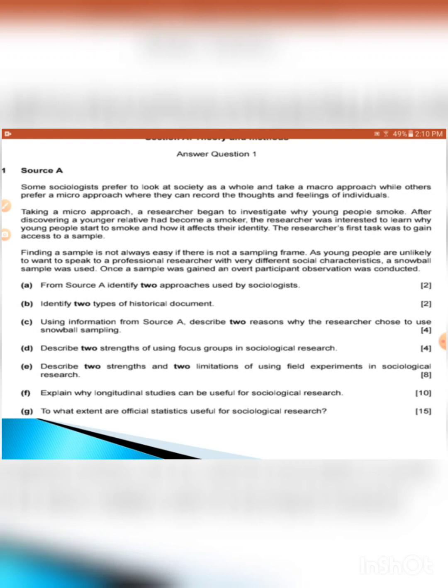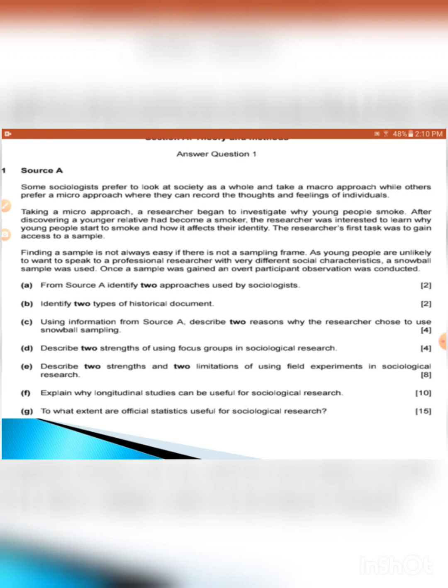Okay, now moving on to the third para. Finding a sample is not always easy if there is not a sampling frame, as young people are unlikely to want to speak to a professional researcher with very different social characteristics. A snowball sample was used. Once a sample was gained, an overt participant observation was conducted.